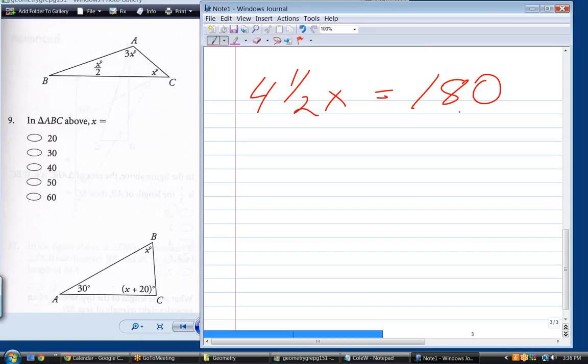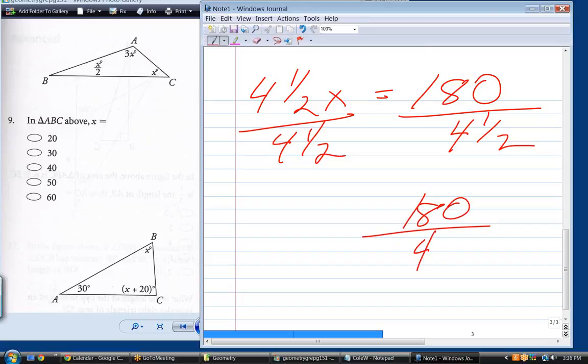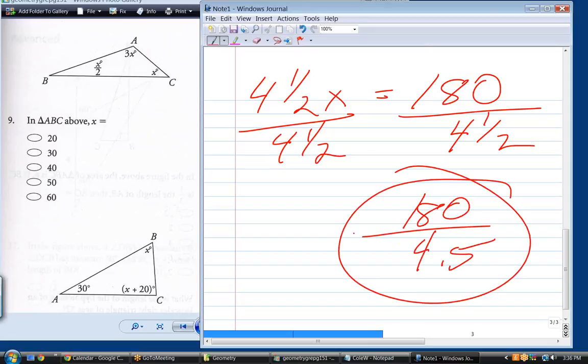What's the next step? Divide by 4.5. So what's the answer? Looking at the available answers. Yeah, in other words, we'd probably do that on a calculator. It's 180 divided by 4.5, and that's 40.